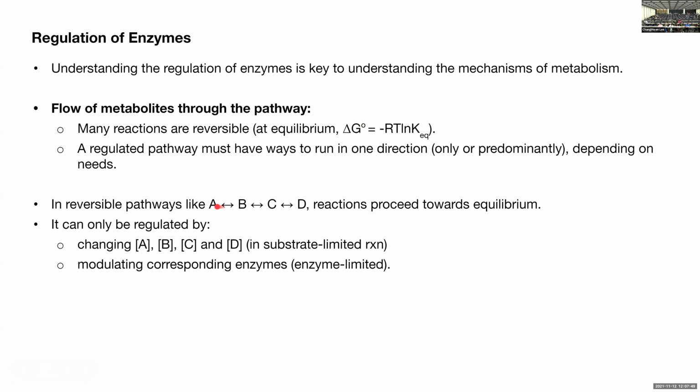So consider a general reaction where A can change to B, and B becomes C, and C becomes D, and it can go back and forth. There are going to be two regulation mechanisms. One would be directly changing the concentration of each player, the reactants or the products. For example, if you get rid of A, then because of the equilibrium that has to be met at a certain point, B is going to go back to A, right?